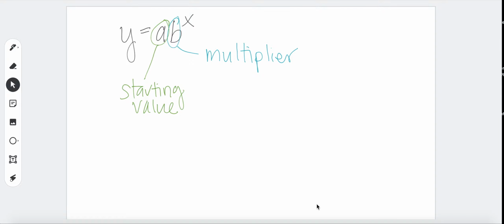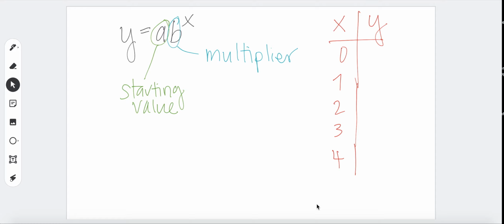So pretty much it's the y value when x equals 0. So for example, if we have this table, let me make one up. So when we have this table, okay, and I'm just going to make up numbers, 0, 1, 2, 3, 4.